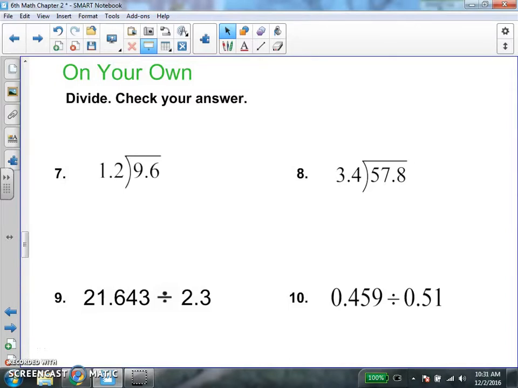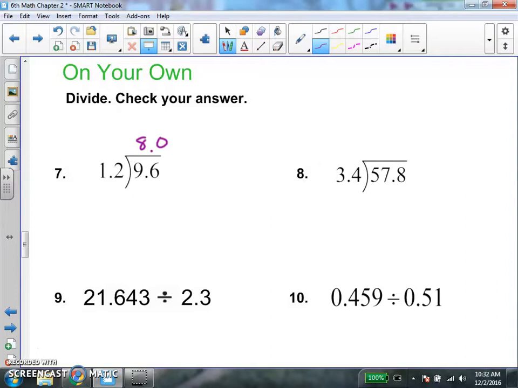Alright guys, hopefully the video didn't cut off too short, but hopefully you got these on your own problems of dividing a decimal by another decimal for your answers. Hopefully you got ones that look like this. For number 7, actually as a whole number, you should get 8, 8.0, same thing.